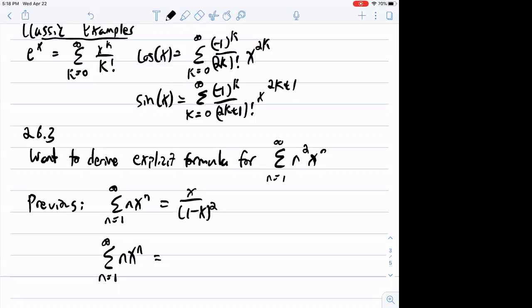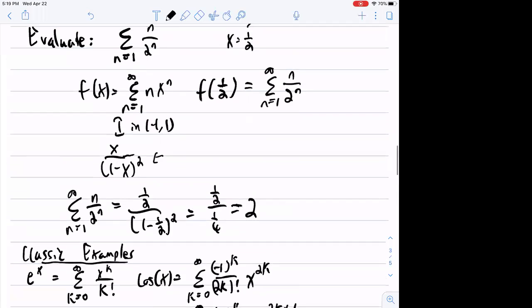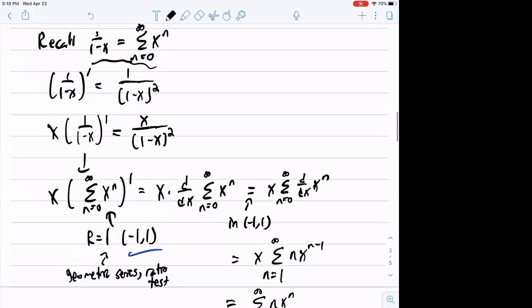What operation do you know that will bring an n down from the x? You take the derivative, right? And again on negative 1, 1, because here I'm using the fact that this was the derivative of this one.